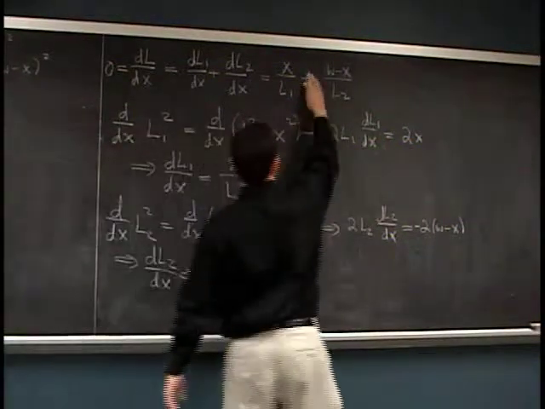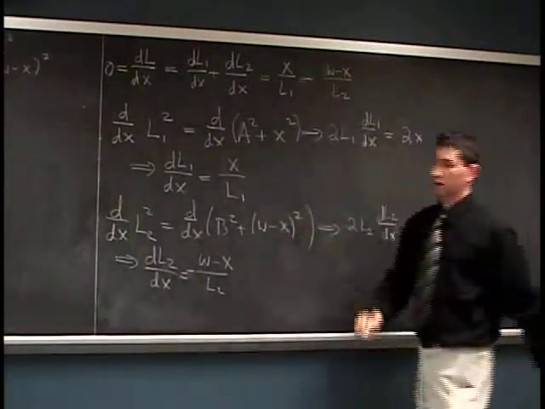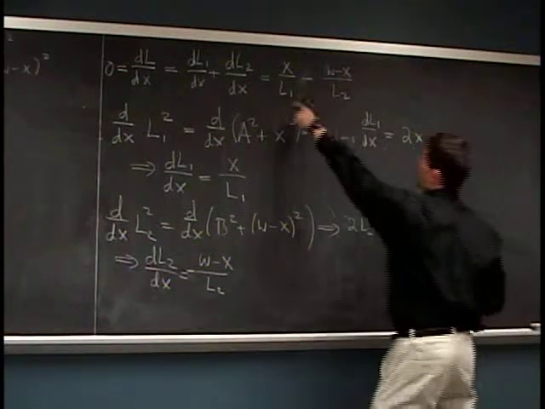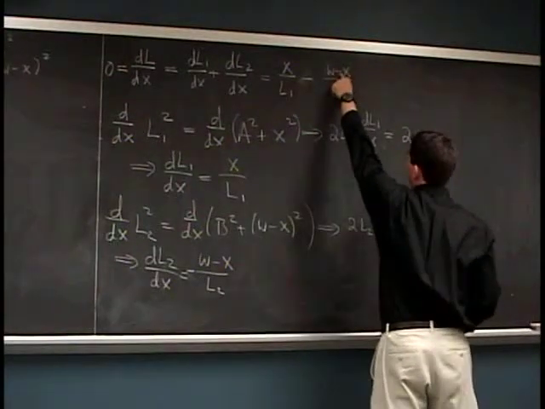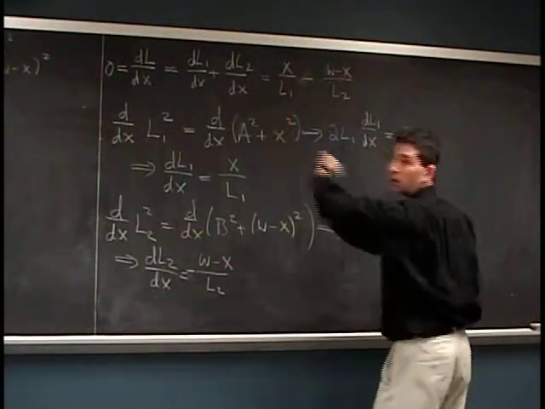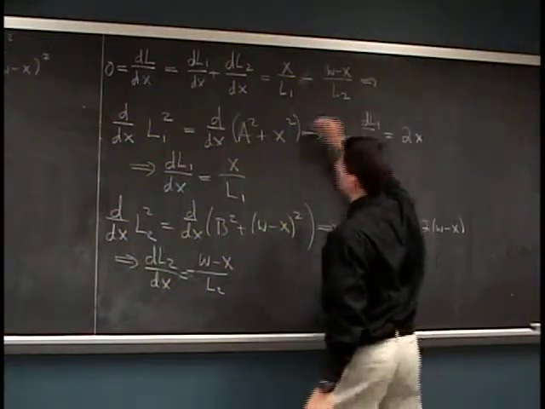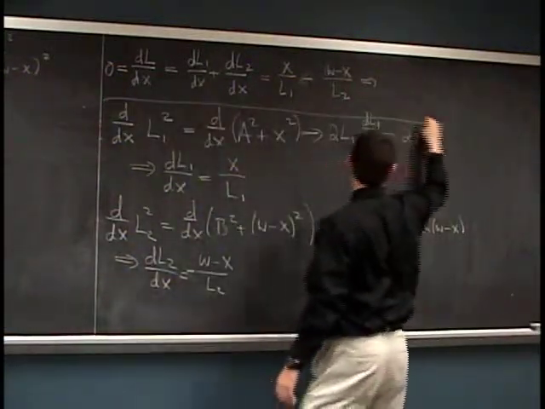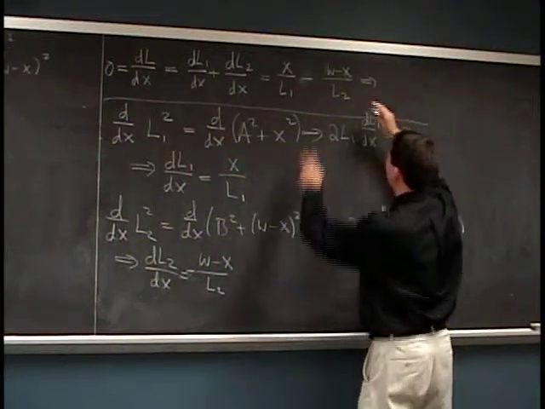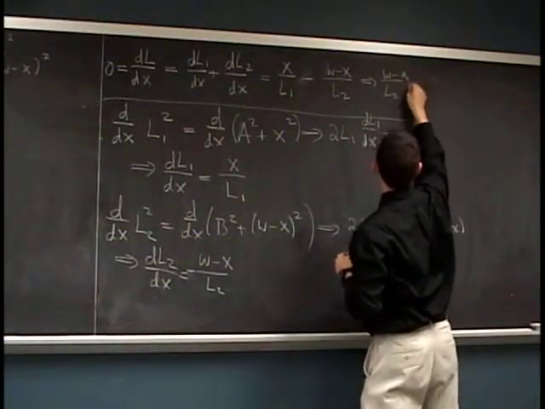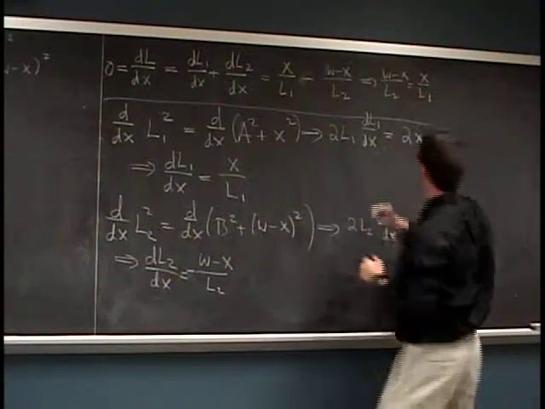So this becomes minus W minus X over L2. This isn't so bad because I have X over L1 minus W minus X over L2 equals 0. So I can solve that. This implies that W minus X over L2 equals X over L1.